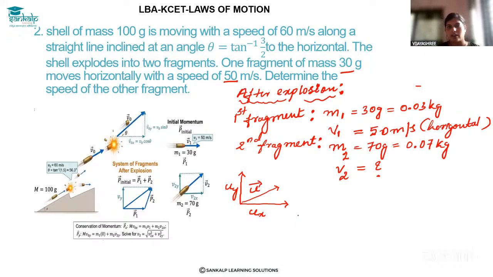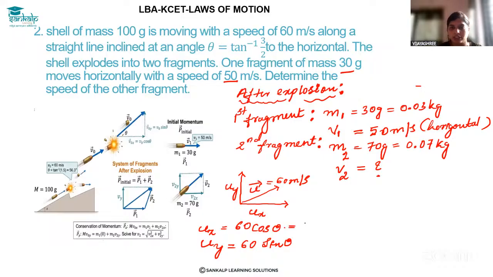Now what is the horizontal component ux? Horizontal component ux is equal to the initial velocity, which is 60 meter per second, so 60 into cos theta.